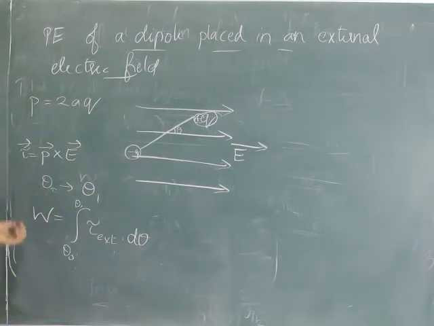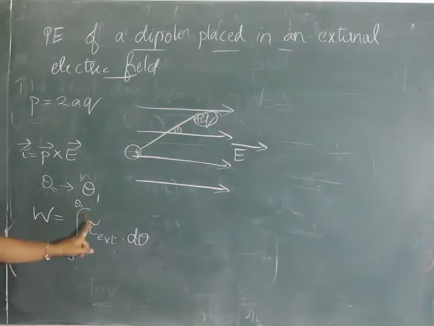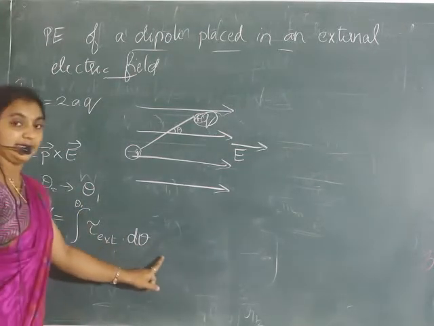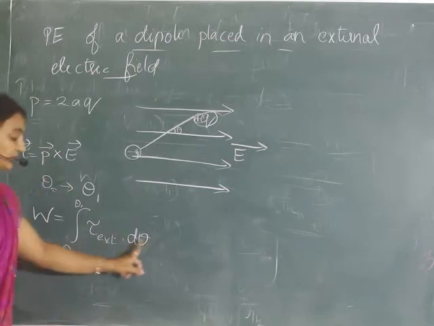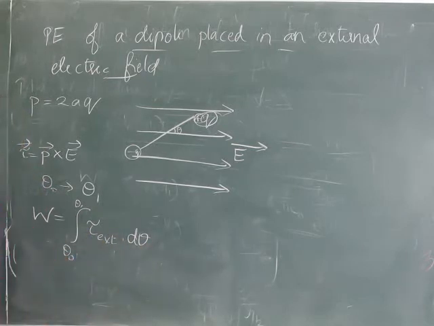Then work done is given by the integration from theta naught to theta 1, tau external into d theta, because work done is nothing but force into displacement.